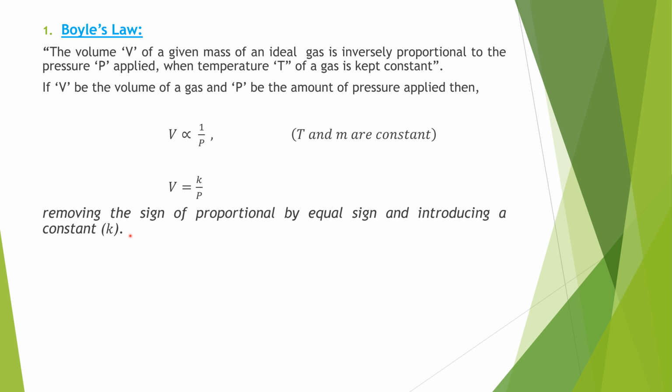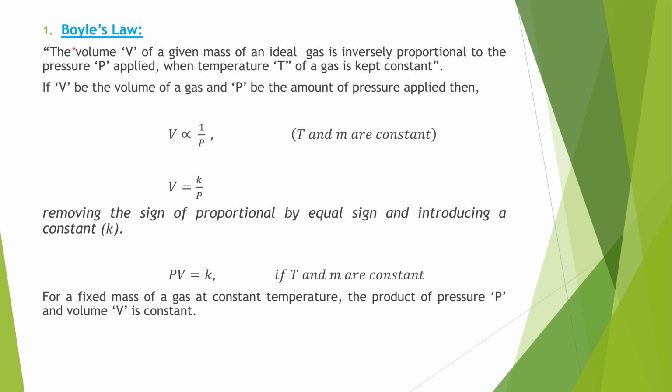We mark it as k, so I can write PV is equal to small k, which is constant, if T and M are constant. This law can be stated another way: for a fixed mass of a gas at constant temperature, the product of pressure and volume is constant.